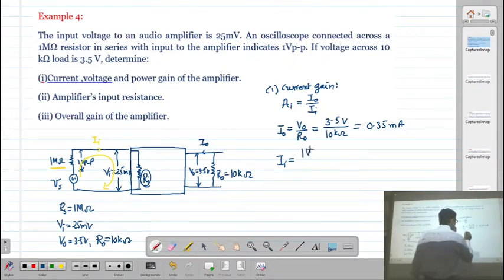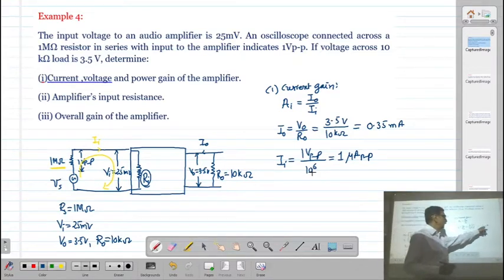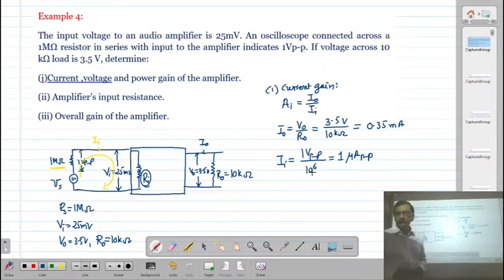The input current is 1 volt peak to peak divided by the resistance value, 1 mega ohm, so 10⁶. You can say it is 1 microampere peak to peak, because the 10⁶ becomes 10⁻⁶, which represents a microampere. Now here, the output current is in the form of RMS, remember, but the input current is in the form of a peak to peak value.